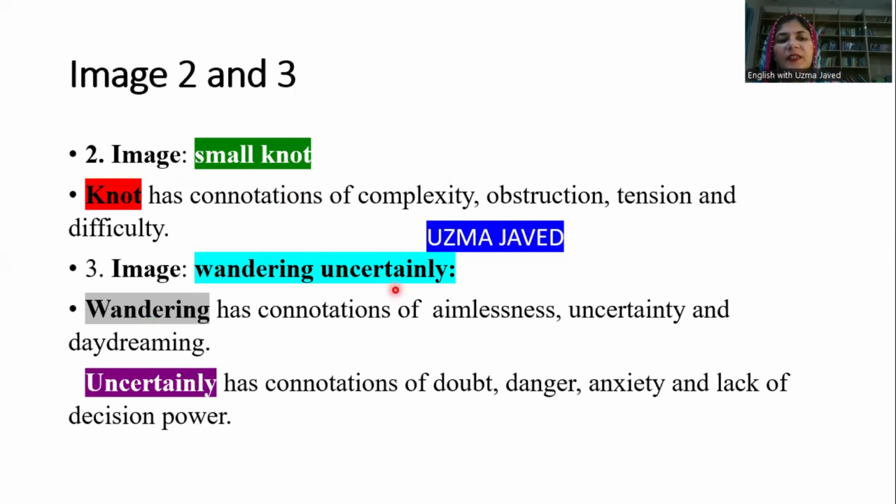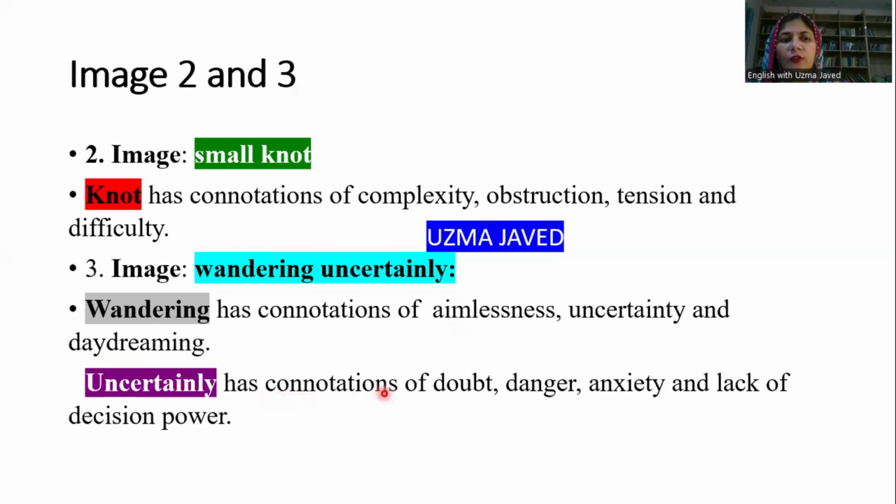The next image is wandering uncertainly. Wandering means moving aimlessly without any purpose. When the people are on the move, it means they are wanderers. It has the connotations of uncertainty, being uncertain or daydreaming, moving here and there without any purpose, living in the world of imagination.